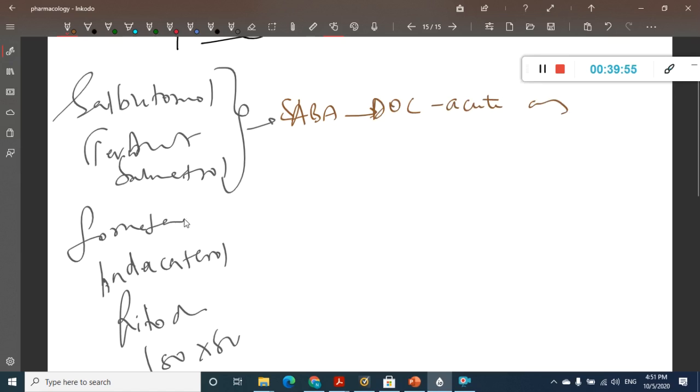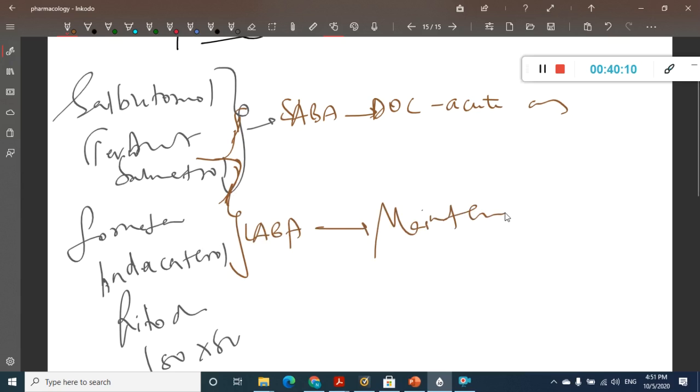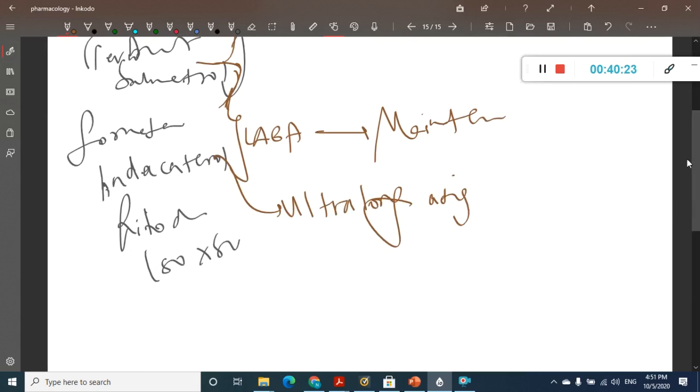Salmeterol, formoterol, and indacaterol are long acting beta 2 agonists, used in maintenance therapy of asthma. Indacaterol is actually an ultra long acting beta 2 agonist.